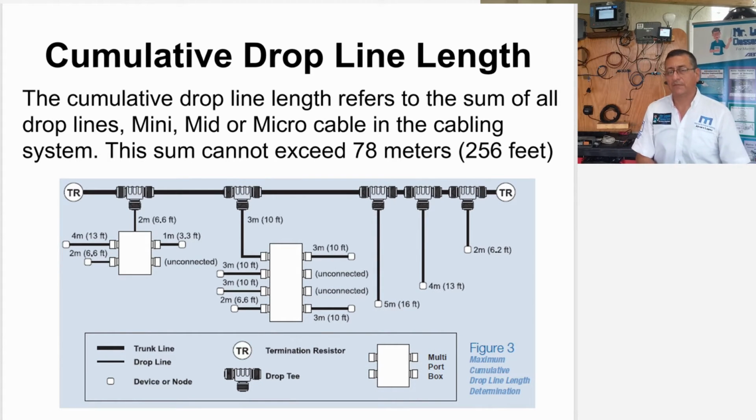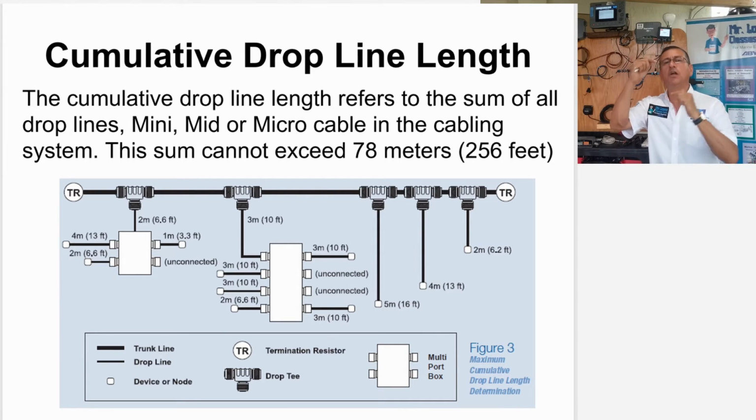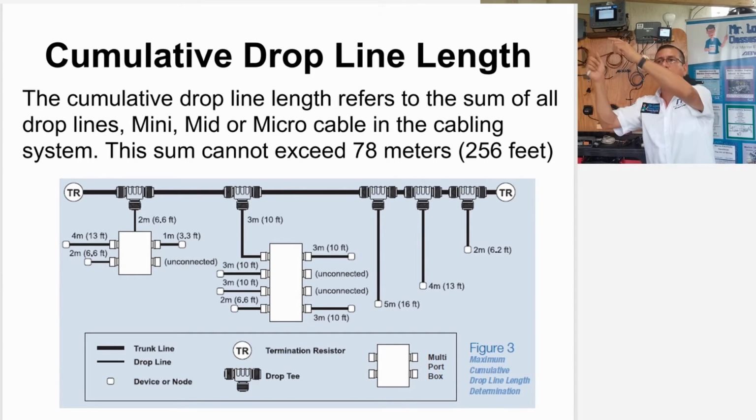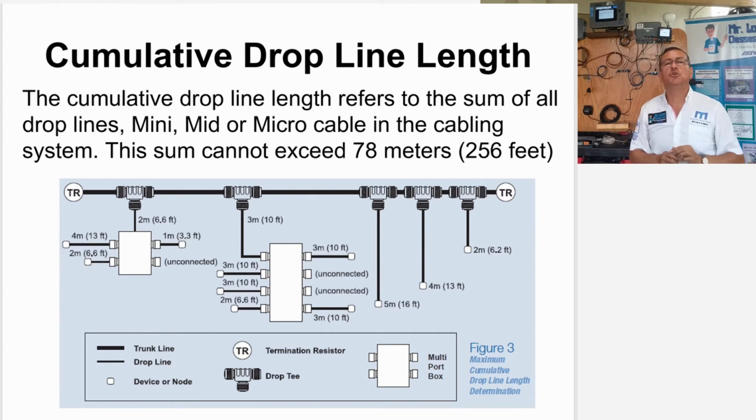Okay, before that, one important thing. If I add all the drop lines, this plus this plus this plus this plus this plus this, it should be no more than 78 meters. The cumulative of all the drop lines should be no more than 78 meters.